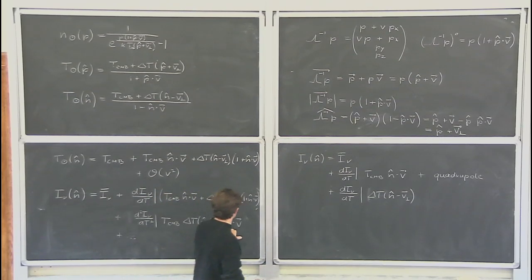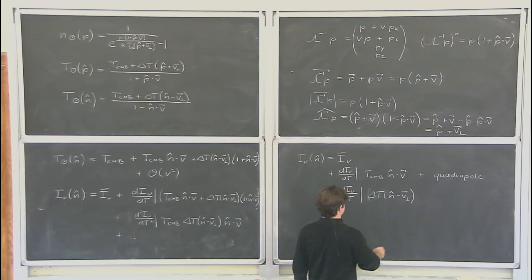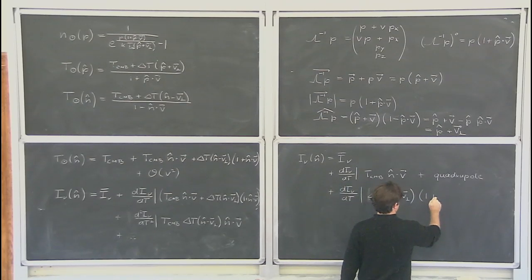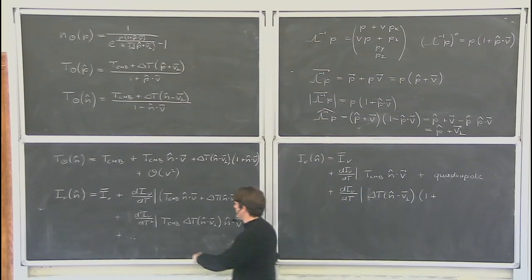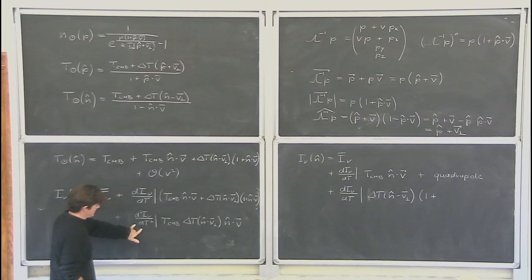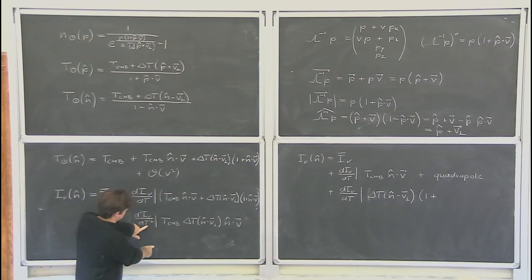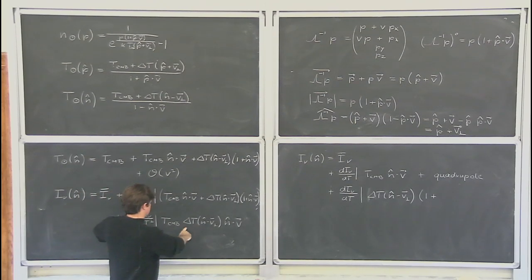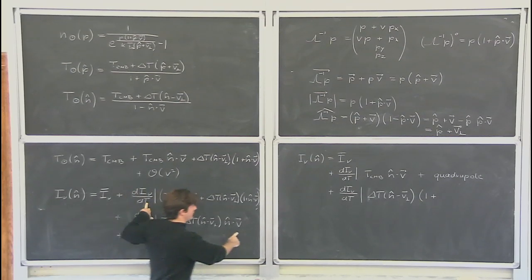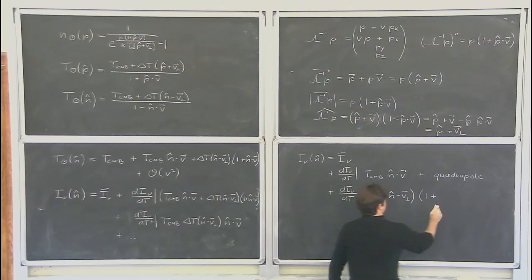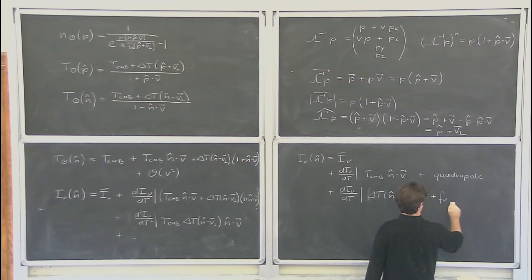Here I only get a contribution that involves n hat dot V. So there's a 1 plus, and then again, this is the same combination up to the factor of a half that we had earlier, where we have the second derivative of the intensity with respect to temperature times this, divided by this if I factor it out. And so I get again this function f nu times n hat dot V.